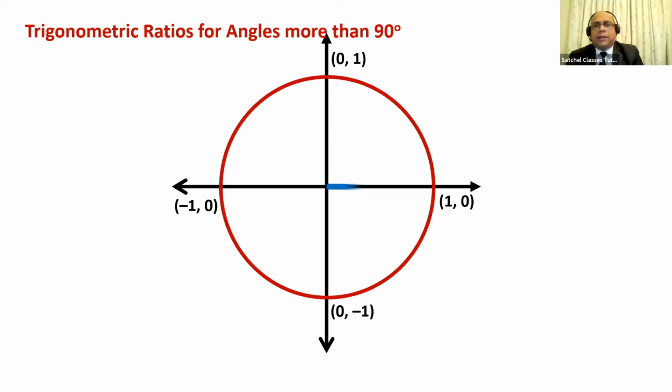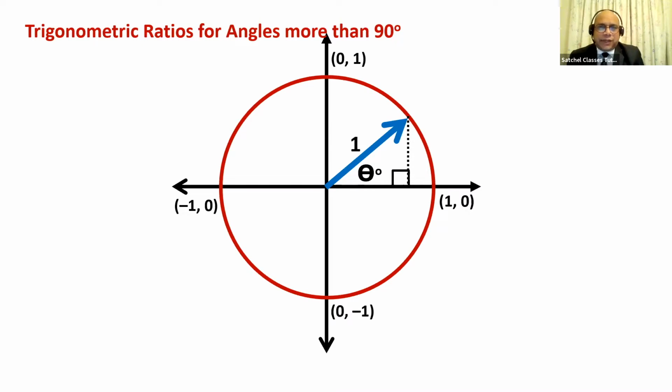Now, the radius of this particular circle, as you know, is 1 unit, right? So if I rotate this by an angle theta, remember rotation is always from positive x-axis and in anti-clockwise direction, you will get that line, right? Now, what are the coordinates of the point where the tip of the arrow touches the circle? If I drop a perpendicular from the tip of the arrow to the x-axis, you will end up getting a right angle triangle.